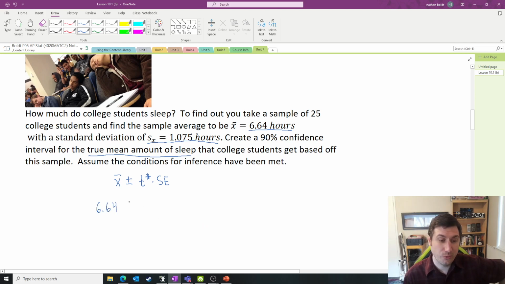For our interval, we're going to add it and subtract it to get our 2 boundaries, plus or minus. So we need a t star for a 90% confidence interval from a sample of 25. Those 2 things give me t star.